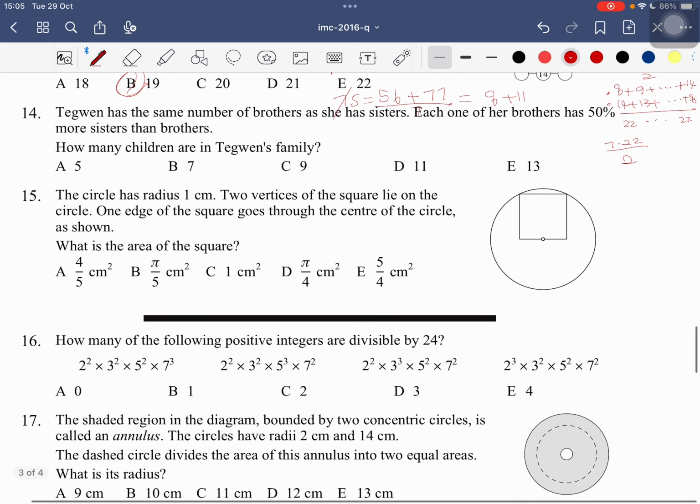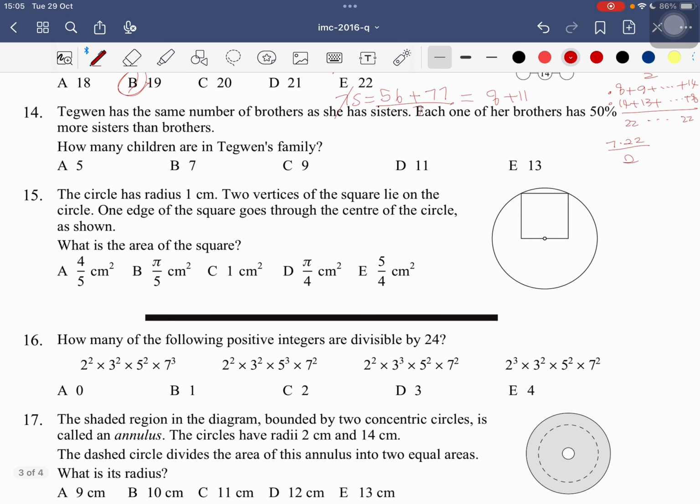And number 14. Taekwen has the same number of brothers as she has sisters. So Taekwen is maybe a girl. So brothers x, sisters x. So in this family, let's say as children, x boys and x plus 1 girls in the family. So each of her brothers has x minus 1 brothers.